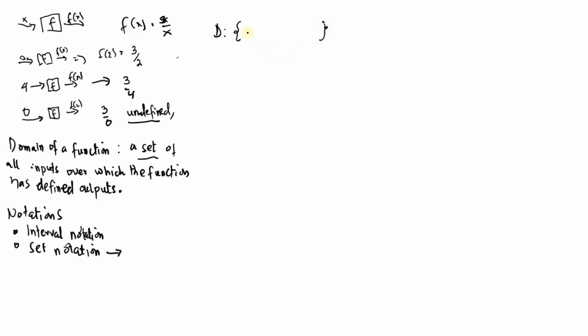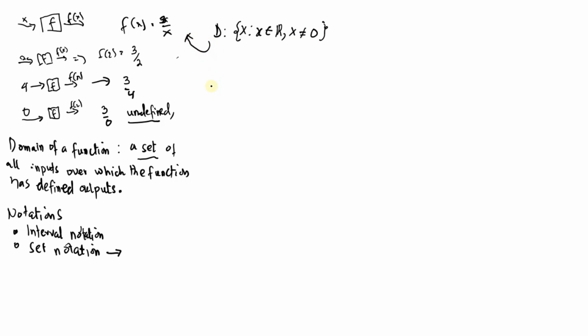It's the x values such that x belongs to the real numbers. So we are talking about all the real numbers such that x is not equal to 0. That will be the domain for this function.